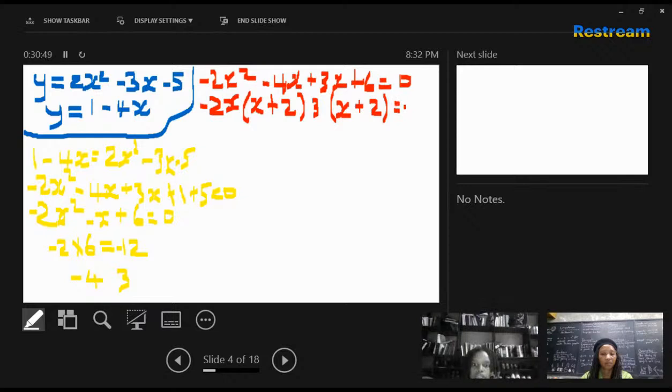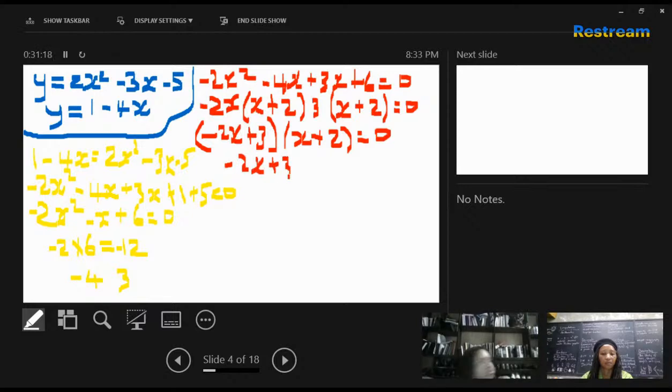So now we're going to put negative 2x plus 3 in one bracket and x plus 2 in the other bracket and make them both equal to 0. So negative 2x plus 3 equals 0. We're going to subtract 3 from both sides.